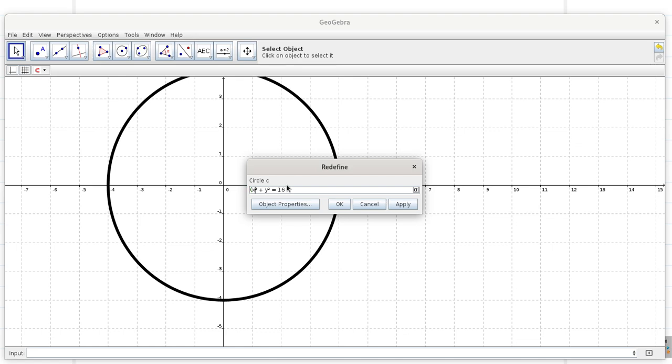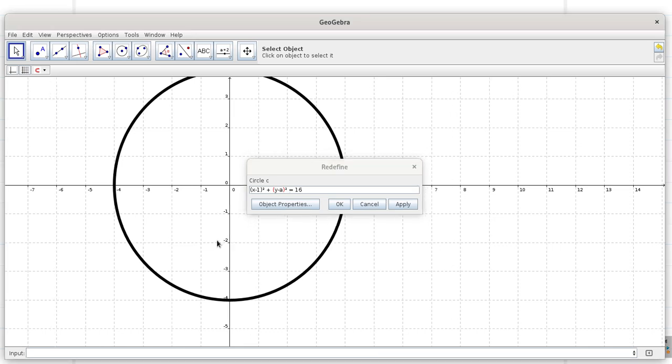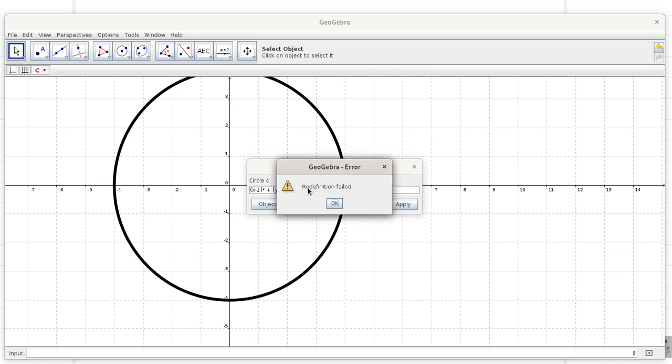Open bracket, x minus 1, close bracket, squared plus open bracket y minus 1 close bracket squared equals 1.